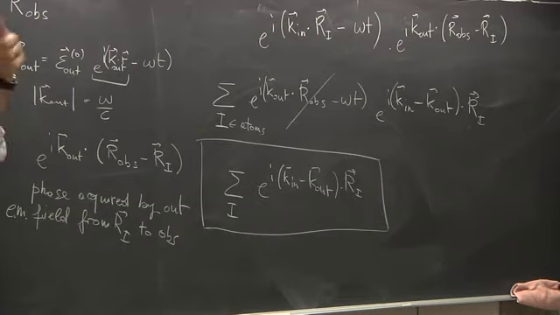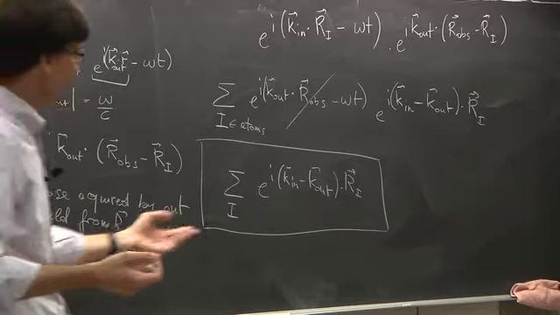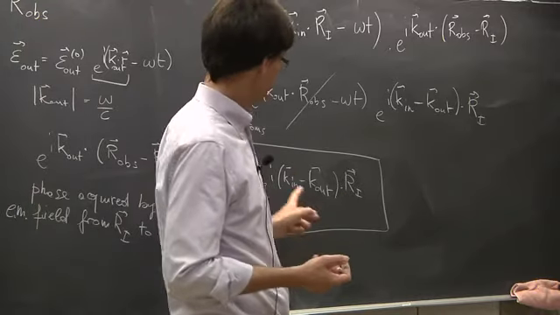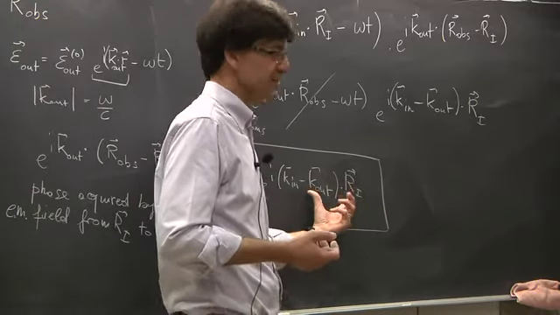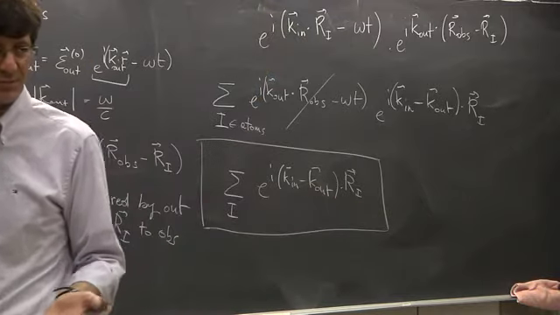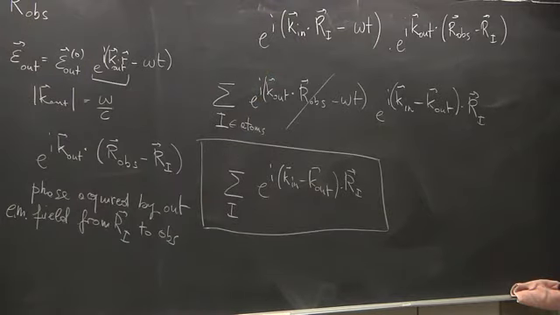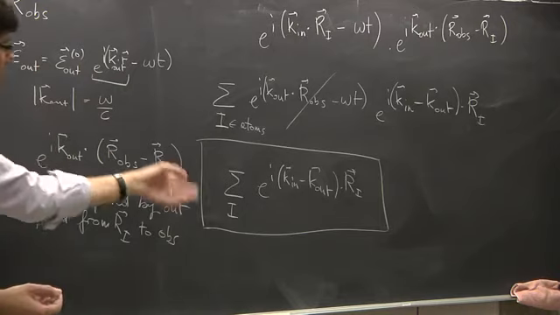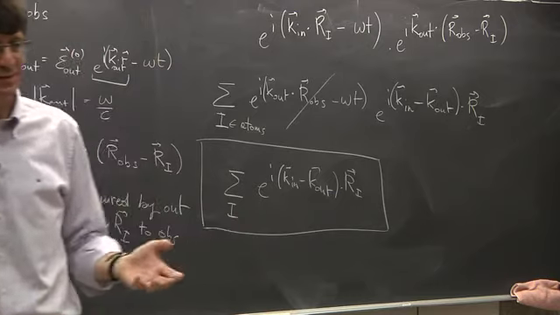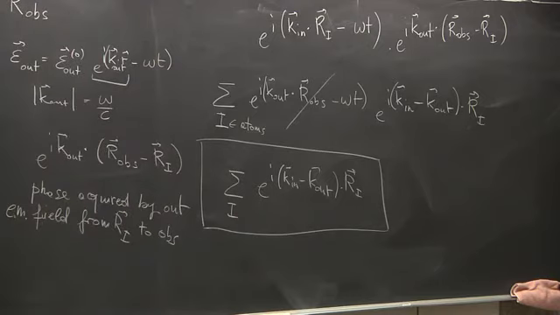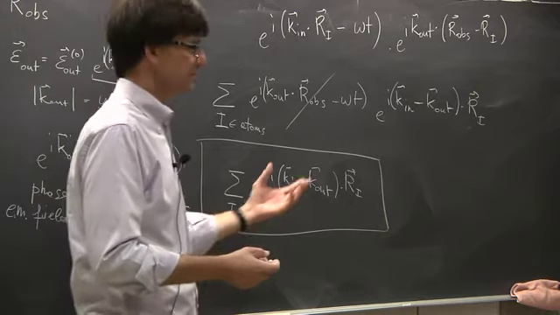Cosine is an oscillating function, right? It takes positive and negative values. If you sample it at random, what do you get? Zero, right? So same for the exponential. E to the i something, if this thing is random, you're going to get zero. No signal. So if you're an amorphous material, by the way, and you try to look at this, you're most likely going to see nothing, because all these phases add up in a random way, and the final result is nothing.